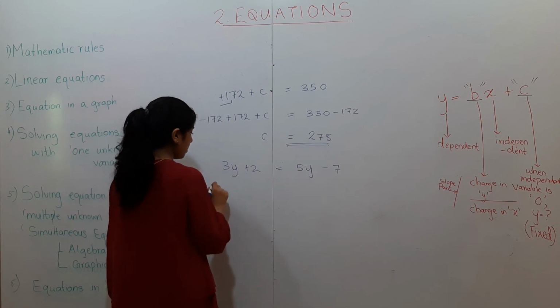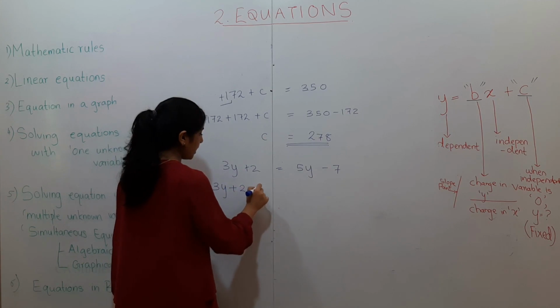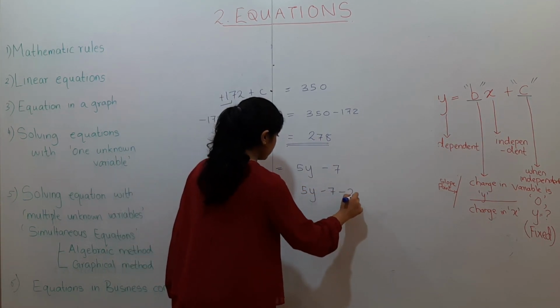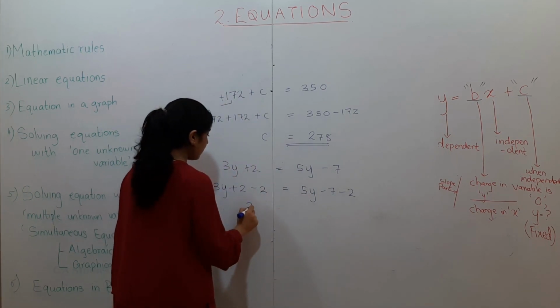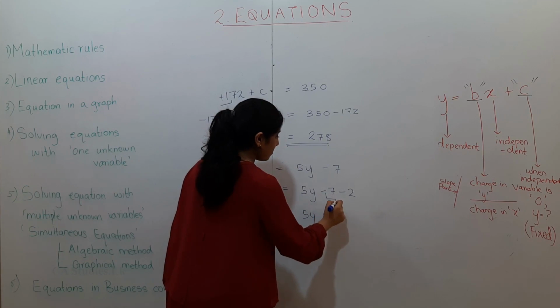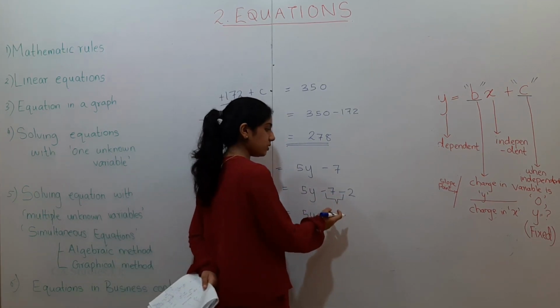So I am going to remove 2 out of here. So plus 2 minus 2 equals 5y minus 7 minus 2. 3y equals 5y minus, and minus. What's the answer? What's the function?